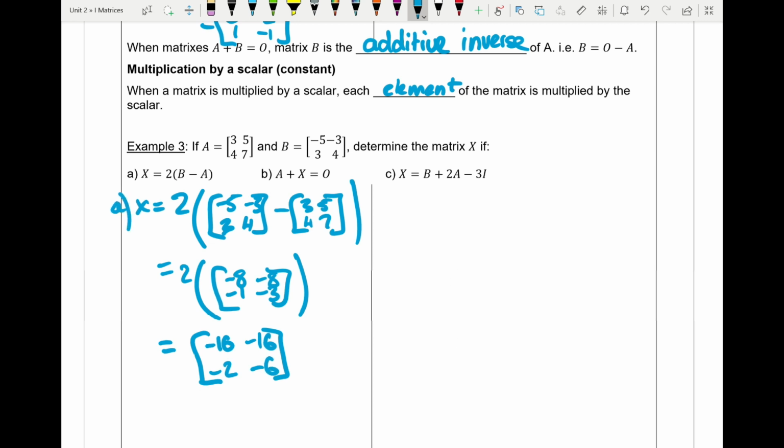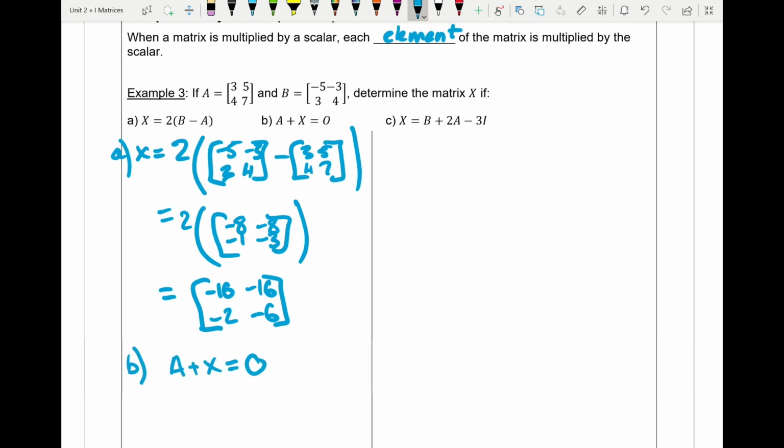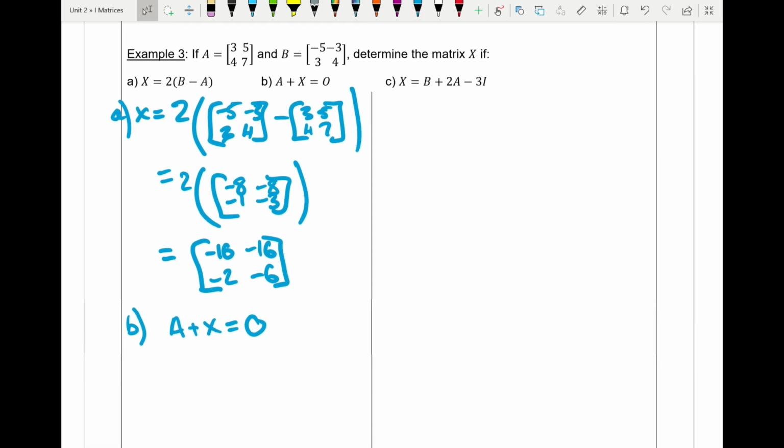For part B, we have that A plus X is equal to the null matrix. So what we have to do is rearrange this to make X the subject. So we find X is O take A. So I've taken A from both sides. A take A on the left-hand side is giving me the null matrix. The null matrix plus anything is itself.